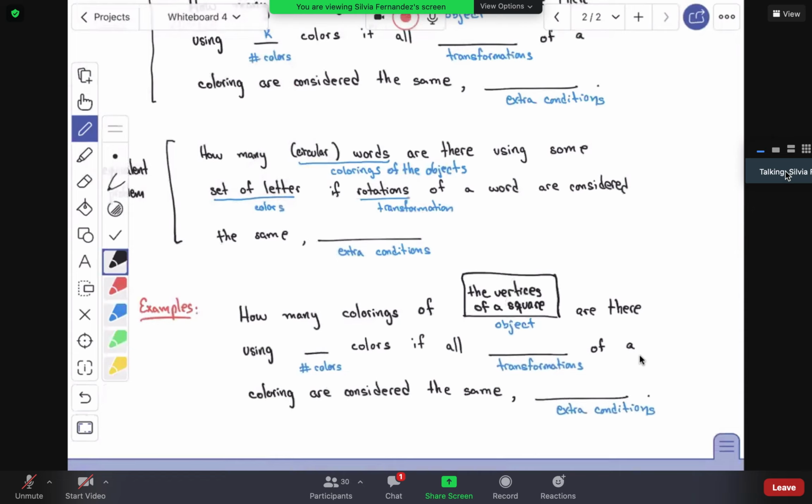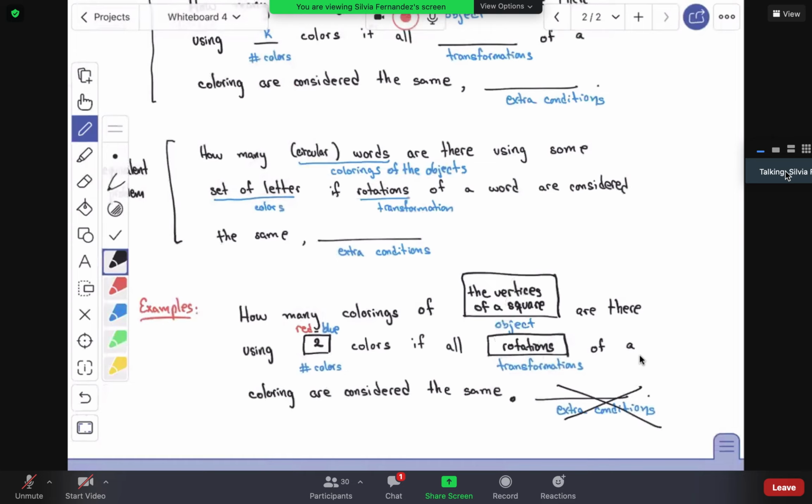How many colorings of the vertices of a square are there using two colors? Or I can even be more specific with red and blue. Sometimes you are actually given the colors to be used. Sometimes you're just told two colors. For my transformations, I'm going to use rotations. If all rotations of a coloring are considered the same. And no extra conditions this time because it's my first example, right? So I'm just going to remove this. No extra conditions.